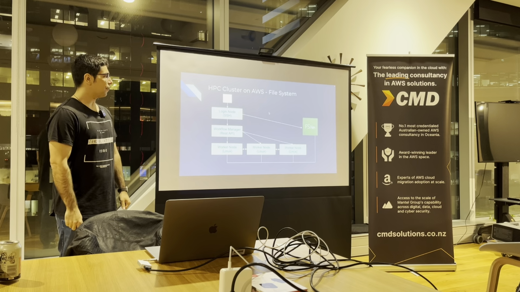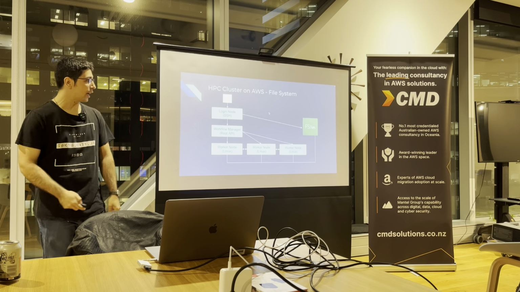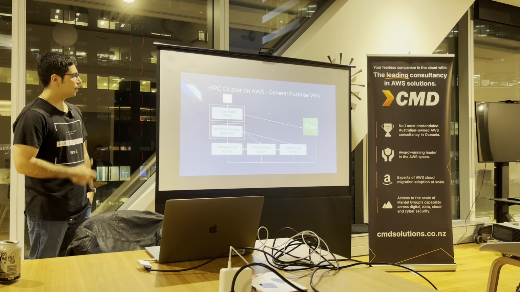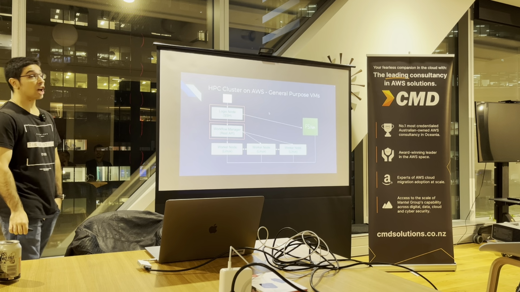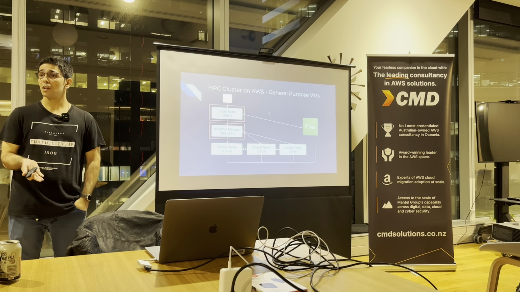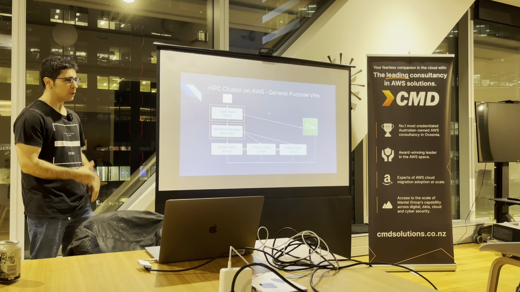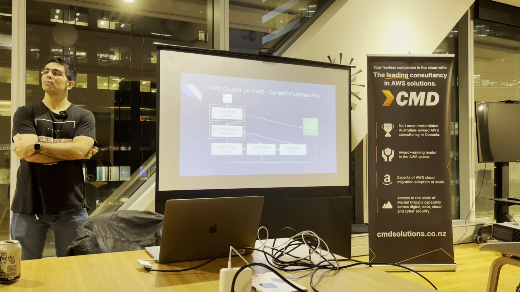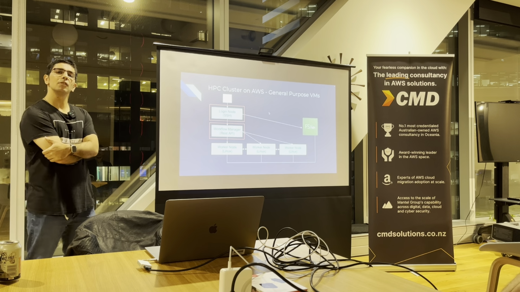Okay, with the high-performance file system out of the way, we will talk about the logging node and the scheduler nodes. They are both general-purpose virtual machines, and the reason for that is because there is nothing special about them. They're just regular servers.